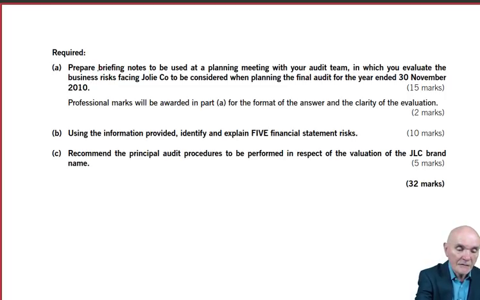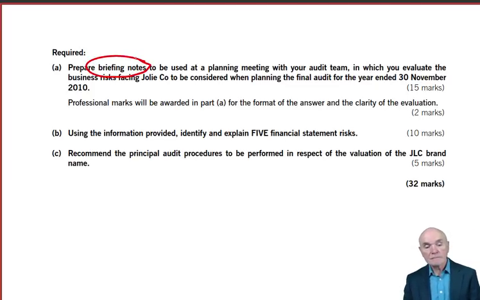So immediately we have to think, what is the format for briefing notes? Or a memorandum or a letter, or a report, whatever it's saying. And to some extent they're quite similar. Briefing note will start with "briefing note". It'll say what it's about. It will be notes for the planning meeting about the audit of Jolie.